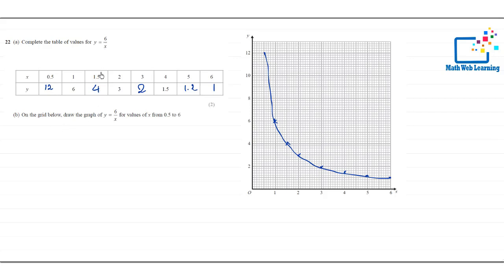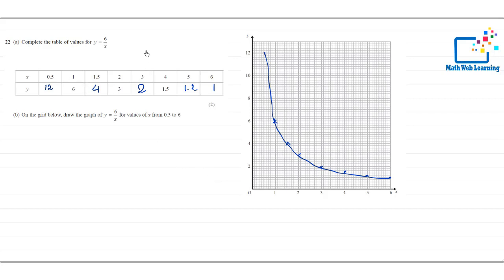Here you do 6 divided by 1.5 to get 4, and so on. And then you plot all the coordinates and you join them with this smooth curve here, freehand. Do not use a ruler. Alright, it should look like this. All the reciprocal graphs look like this. Alright, so that's how you do it.